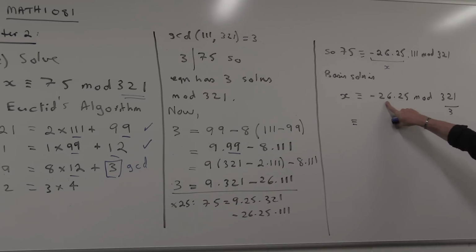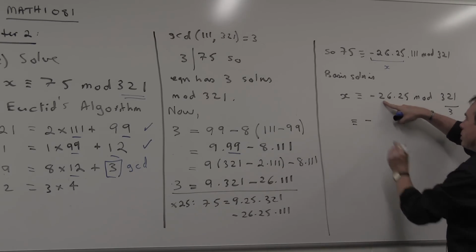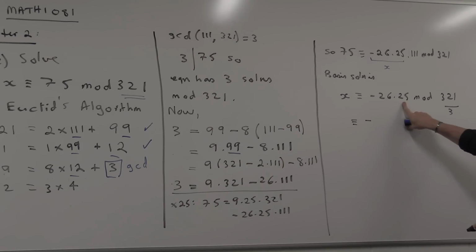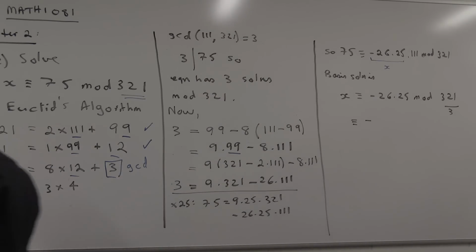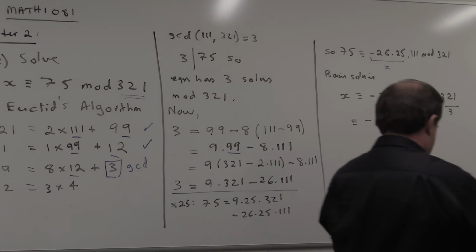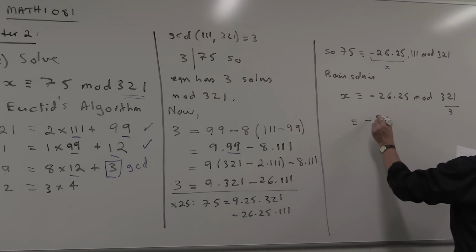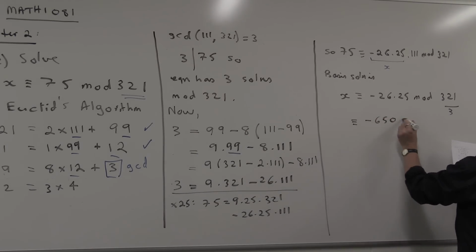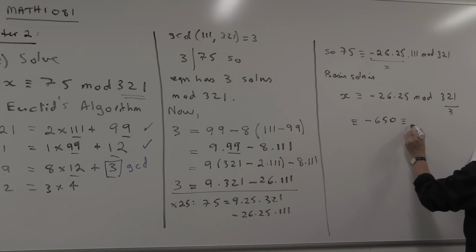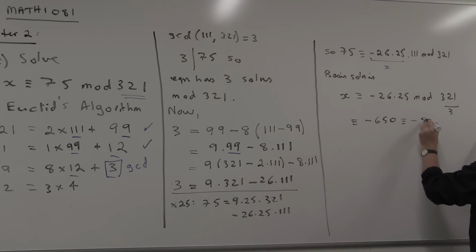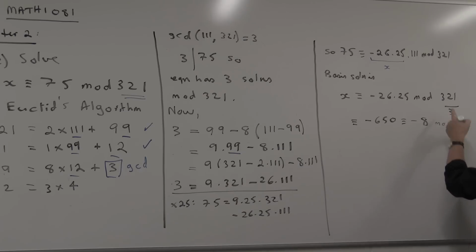Now this number here, so that's minus 650. Let me just check, I did the arithmetic before. Probably need a calculator at this point to help a little bit. Yep, so I get minus 650, which is congruent to minus 8 modulo 107.